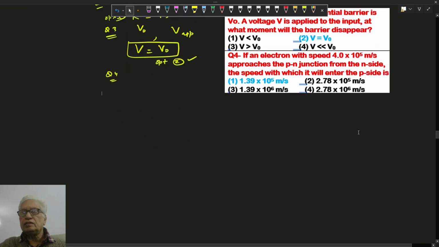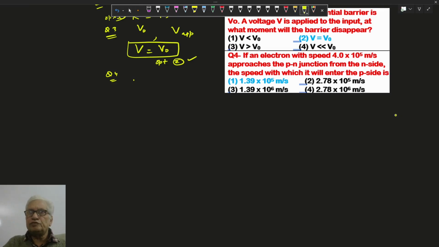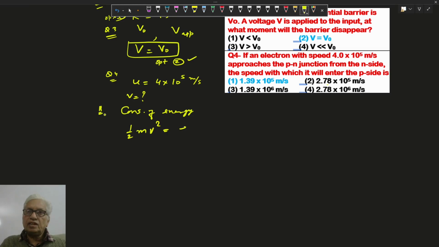And question 4. Here the electron is moving with initial speed 4 into 10 to the power 5 meter per second, and when it reaches the P side, we have to find the speed. We are using conservation of energy. Half m v1 square is equal to e V naught plus half m v2 square. We have to find v2.